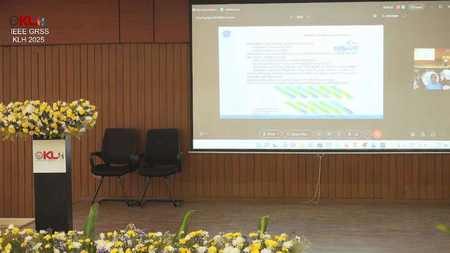Okay, so I mentioned the plans for having a global soil moisture product using NISAR. We will use L-band observations for doing global soil moisture, and the soil moisture map will have a spatial resolution of 200 meters.